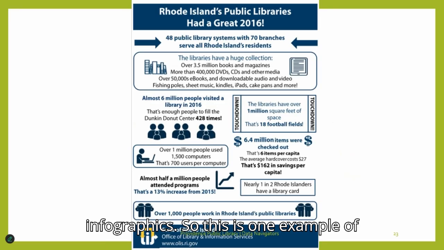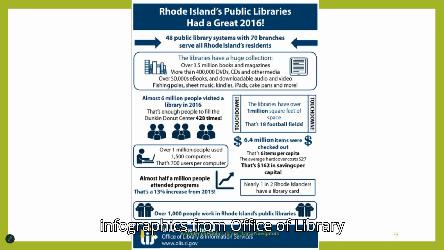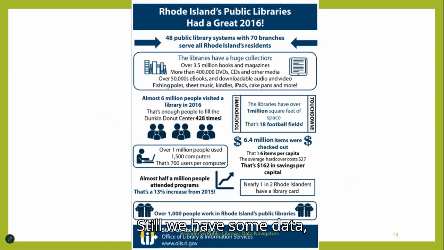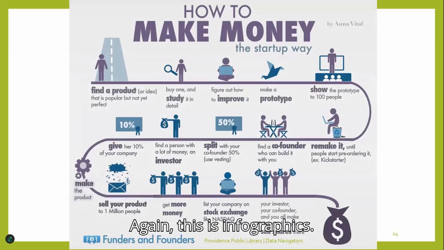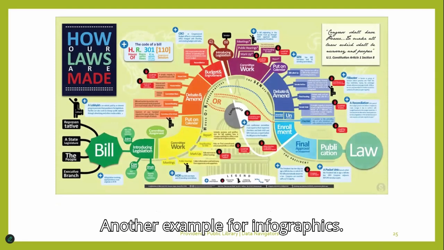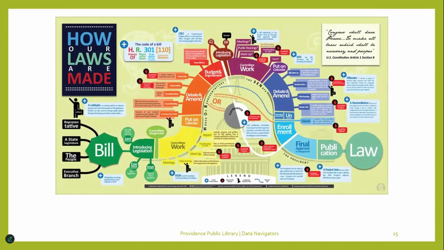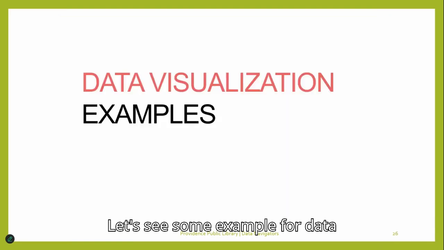This is one example of infographics from the Office of Library Information Services. Still, we have some data, numerical values. This is infographics. Again, this is infographics. Another example for infographics. Let's see some examples for data visualization.